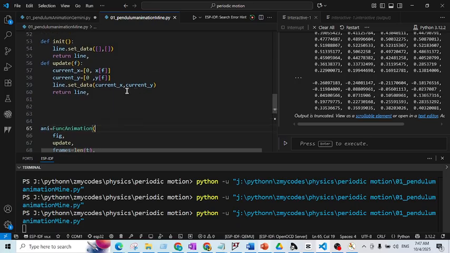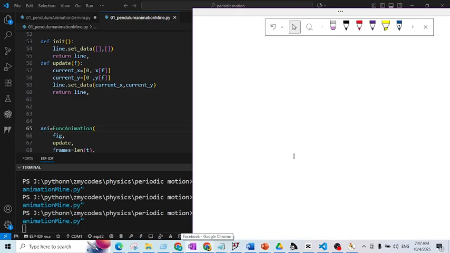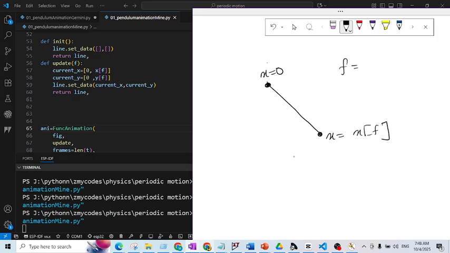Okay, so 0 is the x of the origin. Let's say this is a line. This point's x is 0 and this point's x is f. And what is f? F is some instant time, let's say 0.2 second.